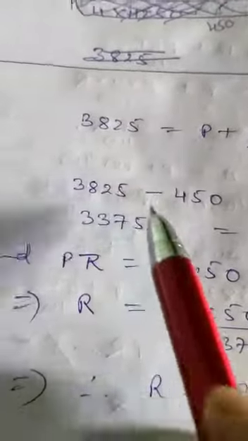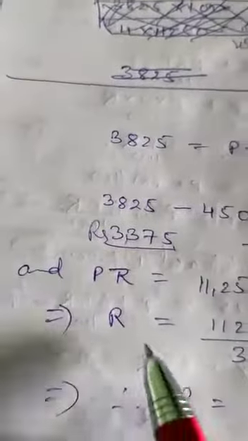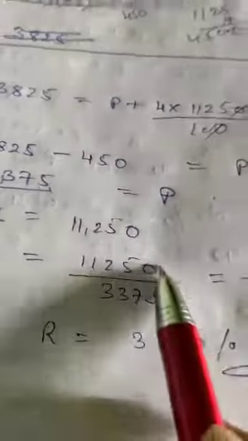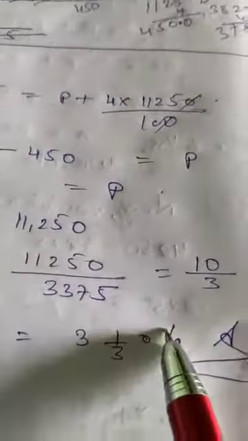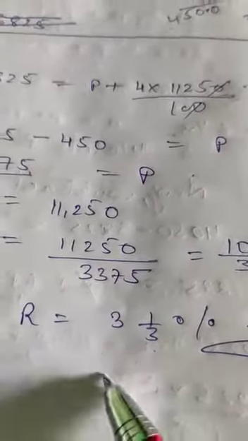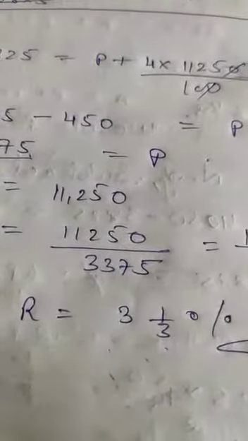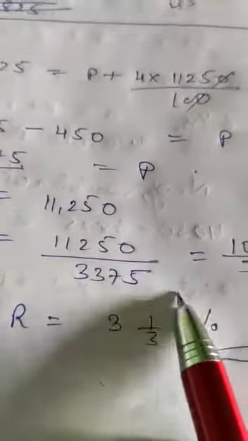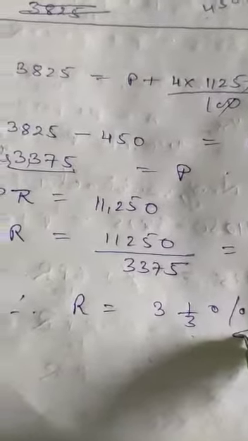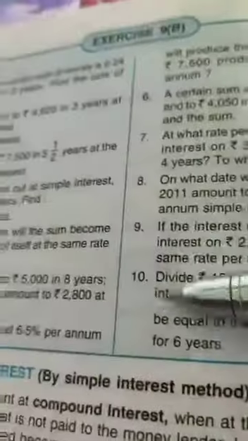The principal we know, we got it here: rupees 3,375. Now put the value of P here and find the rate. When you divide, you get in mixed fraction 3 1/3 approximately percent. Rate percent is 3 1/3%. Clear children?